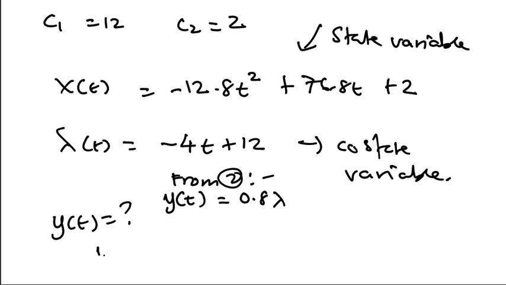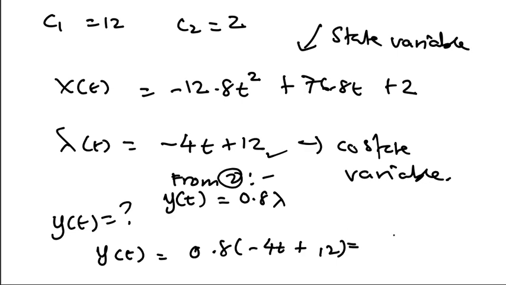Substitute this: 0.8, and we already know what lambda is. Lambda is this one, in brackets minus 4t plus 12. Then we have the equation for the control variable, which is minus 3.2t plus 9.6. So you have 3 equations now: x(t), lambda(t), and y(t).